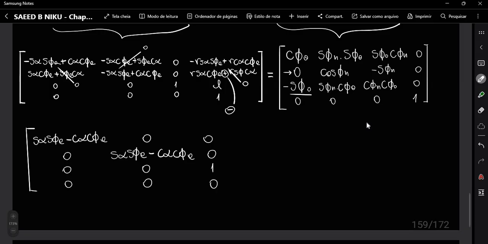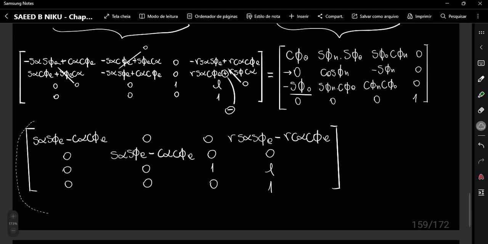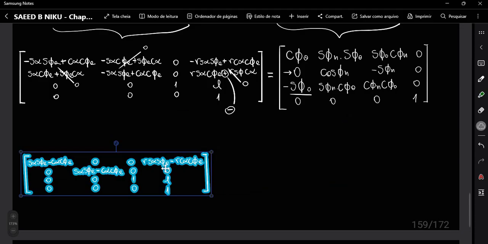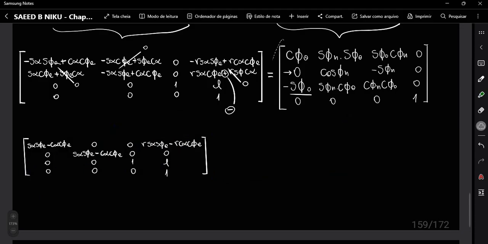And right here, R sine of alpha, sine of A minus R cosine of alpha, cosine of A, 0, L, and 1. Okay.